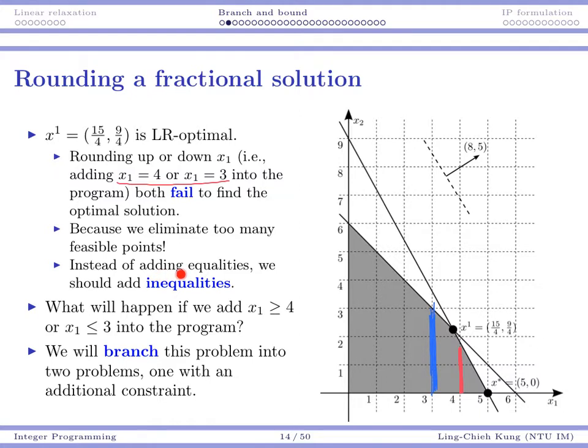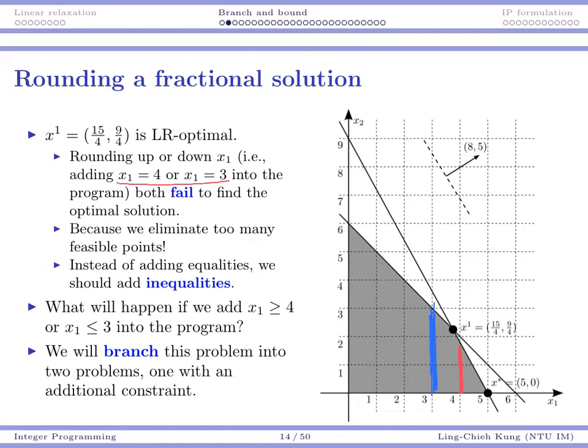So instead of adding equalities, let's be somewhat more conservative. Let's add inequalities. I'm going to add either x1 greater than or equal to 4 or x1 less than or equal to 3.